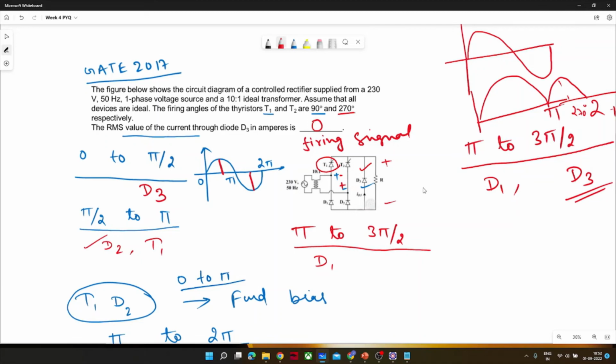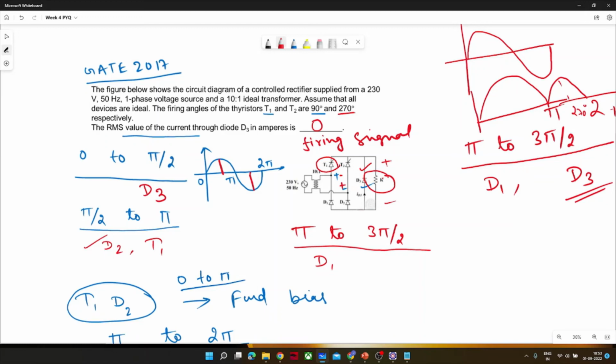But it depends on the energy across this load, right? If it had stored some energy, then only it can discharge its energy through the freewheeling diode. The function of a freewheeling diode is to discharge the stored energy from any source. So no energy is stored earlier, and no discharge will happen through D3. That's why I am saying the current through D3 is 0.